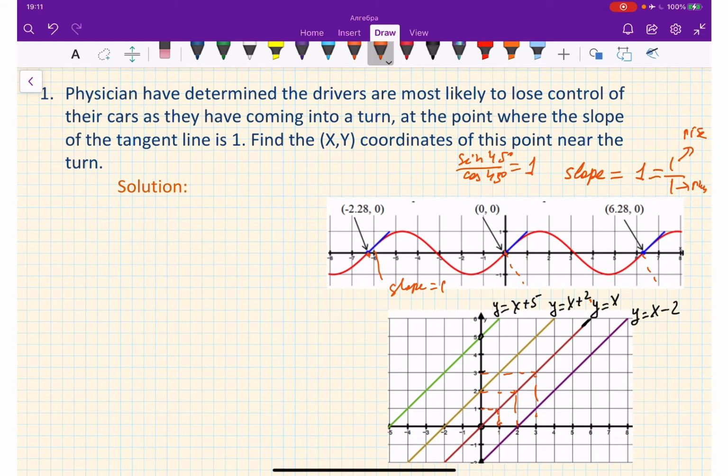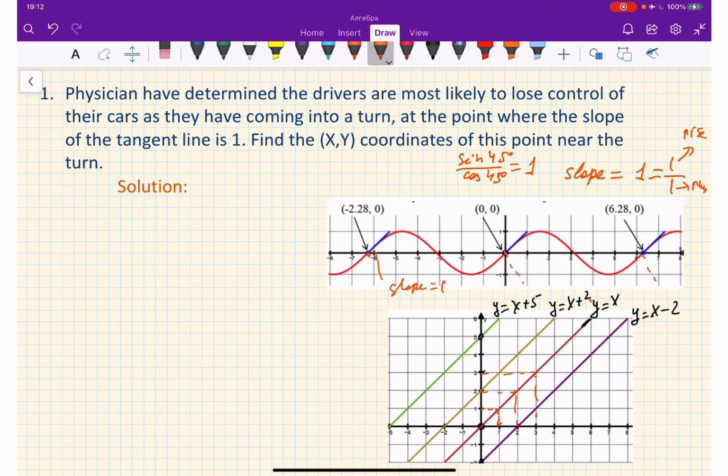Okay? So practically the rise is changing just as fast as the movement, and that is very dangerous. Okay, so now we understood.